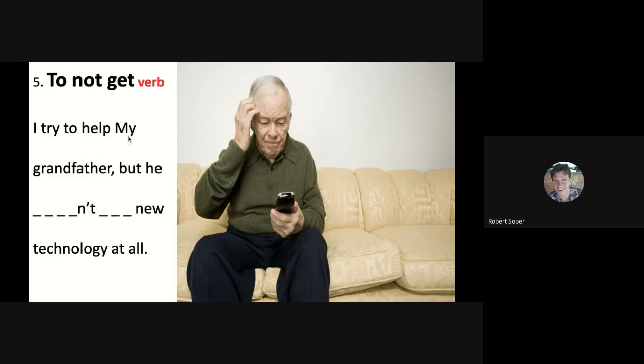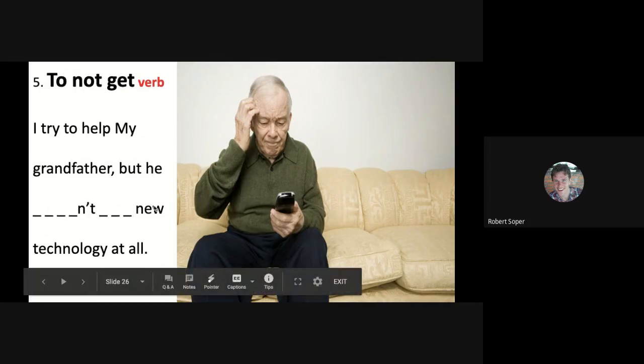I tried to help my grandfather, but he doesn't get new technology at all. So when we're saying he doesn't get new technology at all, we mean he doesn't understand it.